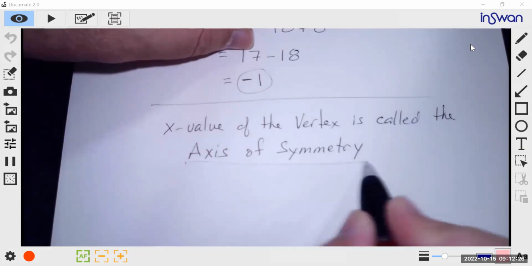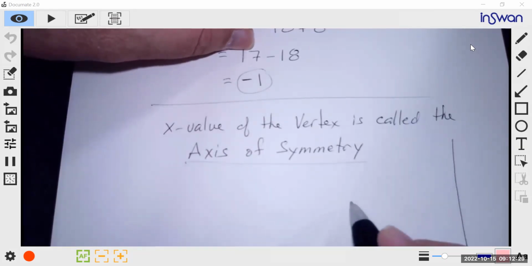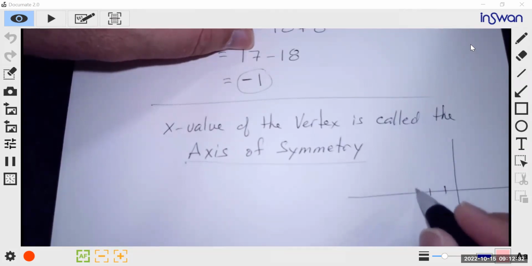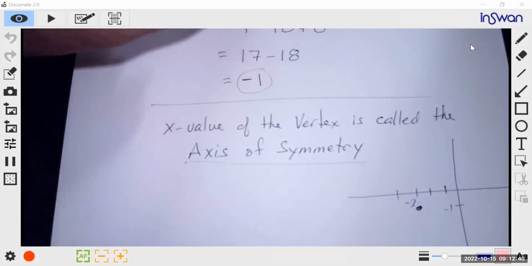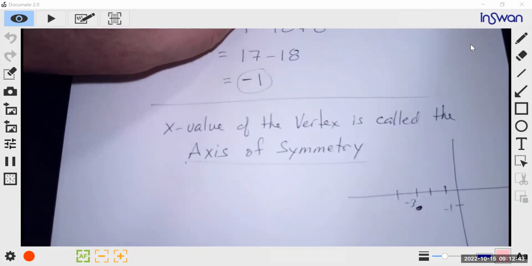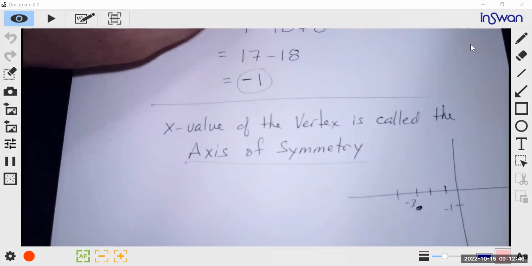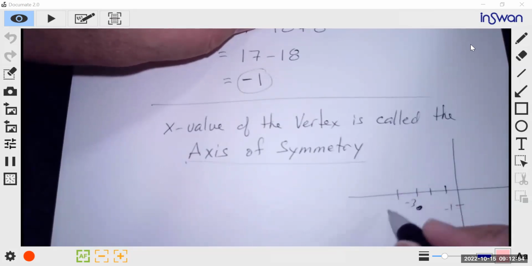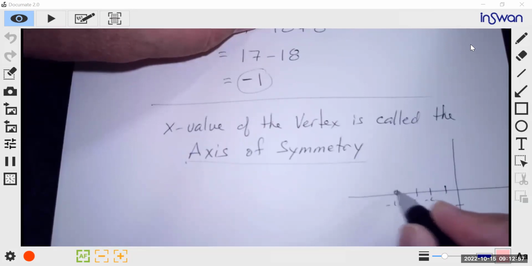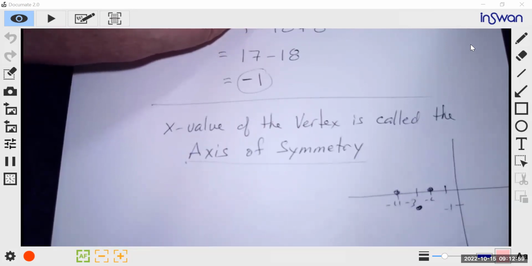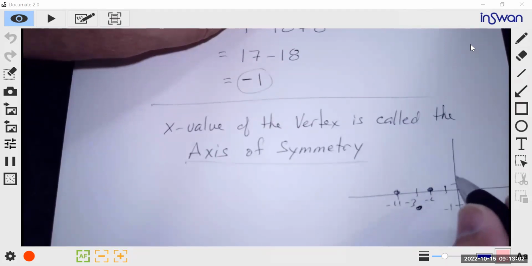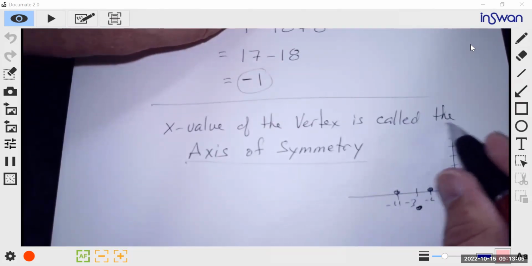What does that mean? Why is it called the axis of symmetry? Because if we put a dot at the vertex, we also worked out earlier what the x-intercepts were, -2 and -4. 1, 2, 3, 4, 5, 6, 7, 8.